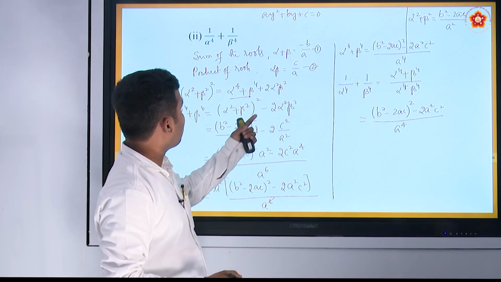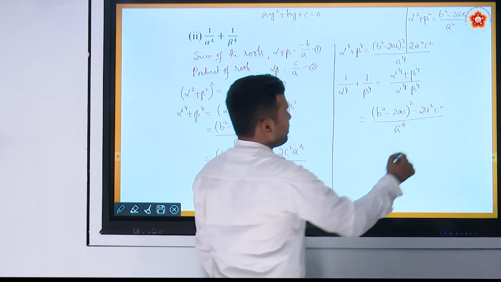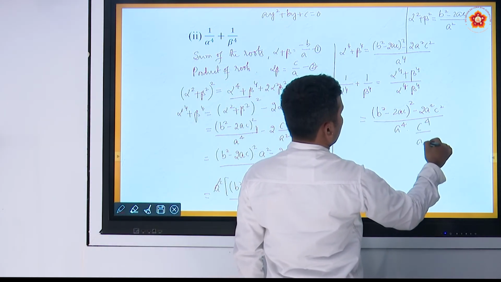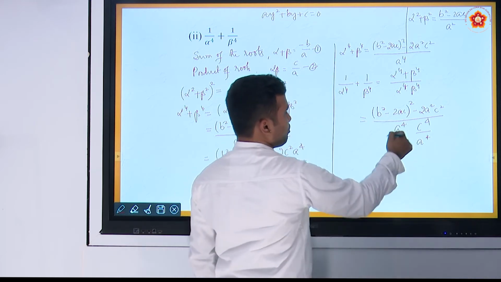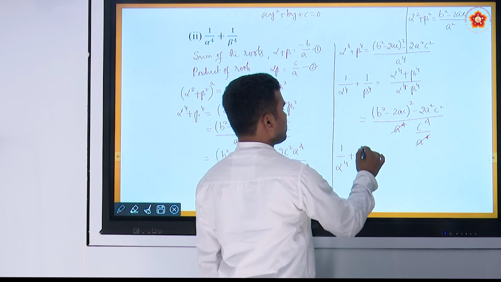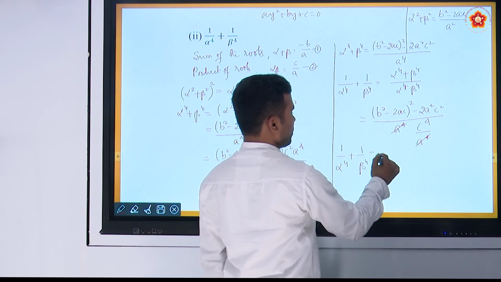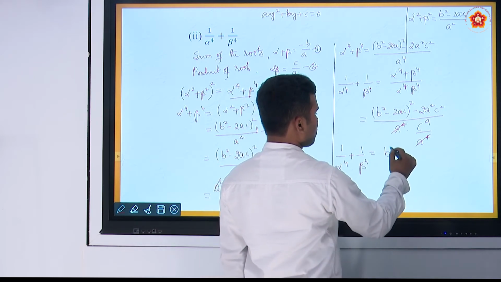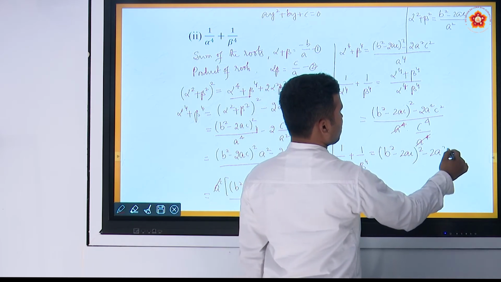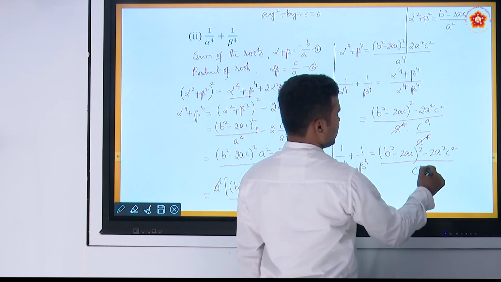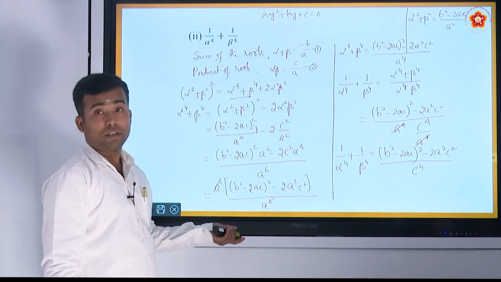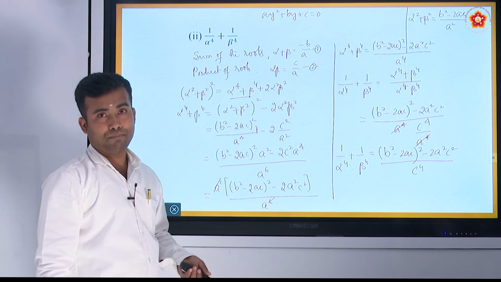What is alpha power 4 into beta power 4? It will be c power 4 divided by a power 4. So here a power 4 gets cancelled. You are left with 1 by alpha power 4 plus 1 by beta power 4 is equal to b square minus 2ac whole square minus 2a square c square, divided by c to the power 4. This is the value for 1 by alpha power 4 plus 1 by beta to the power 4.